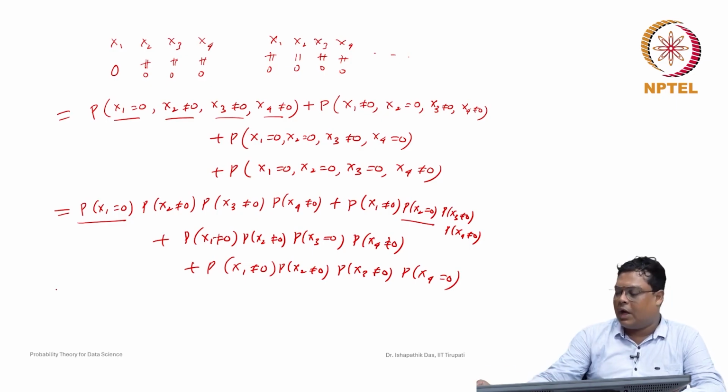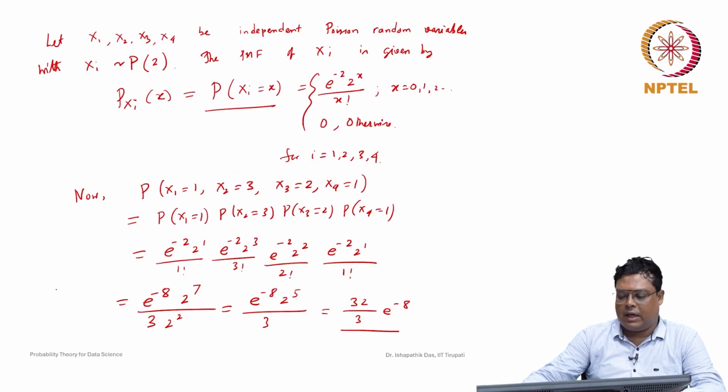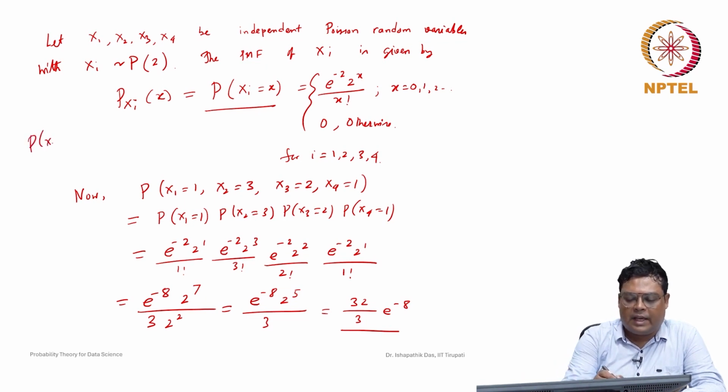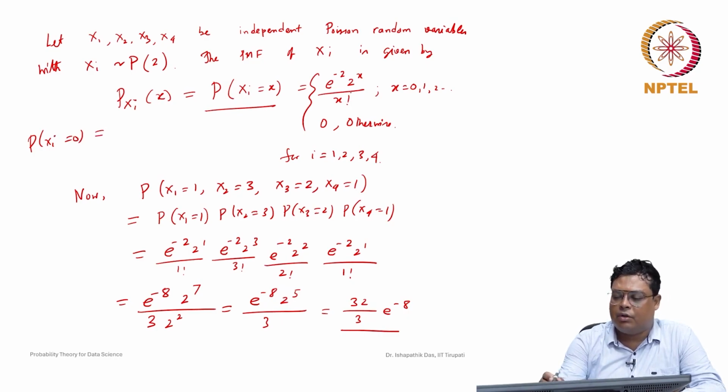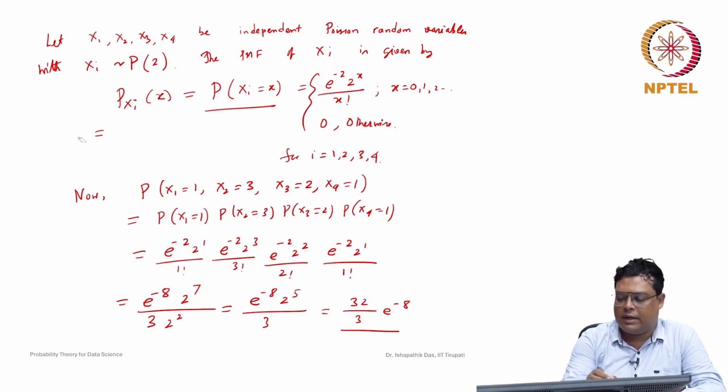Now we have to know how we can find the probability that x1 is equal to 0. For any xi, the probability that xi is equal to 0 is found by putting x equal to 0 here: e to the power of minus 2, 2 to the power of 0 by 0 factorial, which is e to the power of minus 2.